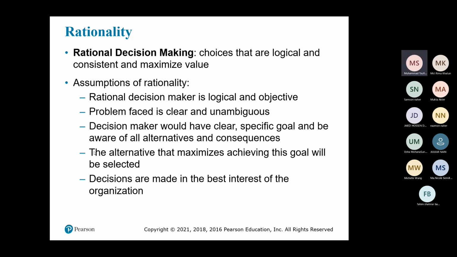And lastly, decisions are made in the best interest of the organization. The decision that you make must reflect the needs of the organization. You cannot make decisions based on your own needs or your team's needs. You must make decisions based on whatever your company needs. So that is rational decision making.